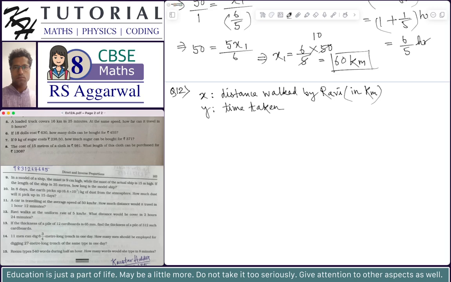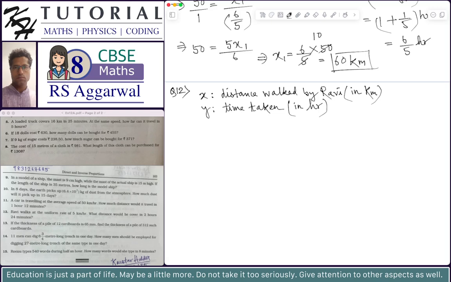So the first data is that Ravi walks at the uniform rate of 5 km per hour. So the time is given in hour and the distance traveled is given in kilometer. Okay. Now what distance would he cover in 2 hours 24 minutes? So we need to convert the time 2 hours 24 minutes into hours. So definitely the unit of y, that is time taken, should be in hours.